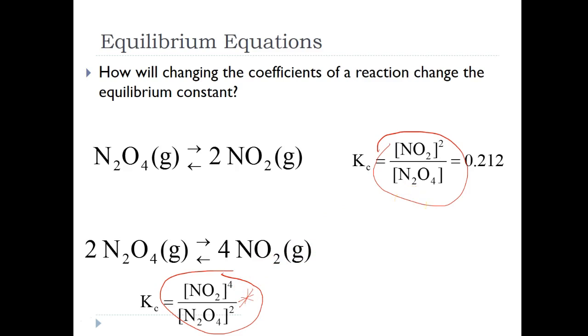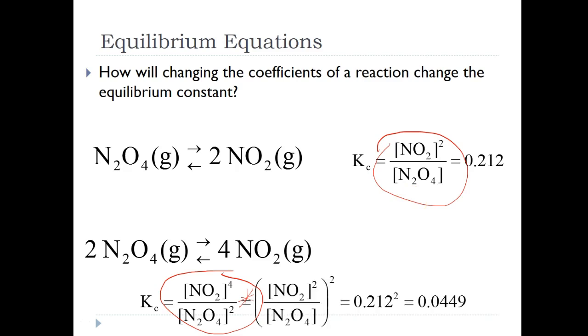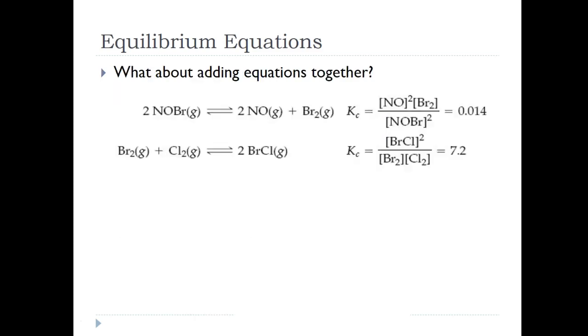So to calculate the equilibrium constant for the second reaction, we're just going to take 0.212 and square it. Again, the table wouldn't show both of these. It would probably just show the top reaction, but we can determine the other one.